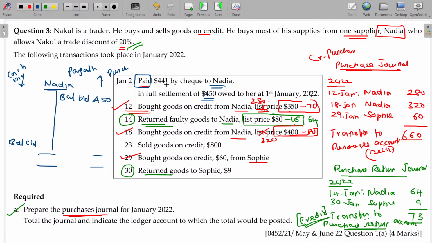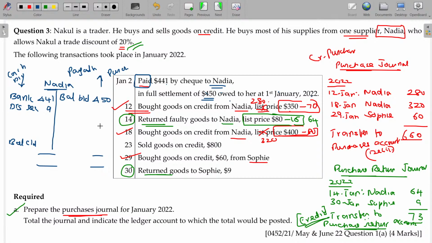That 450 is now settled by way of bank on 2nd Jan for rupees 441. Out of 450, we are paying only 441, which means 9 rupees is discount received. We received it, this is income. Clear? The opening balance information is not given anywhere, but it can be found out from the first transaction value.